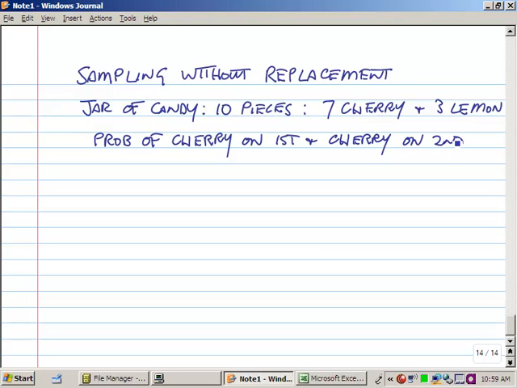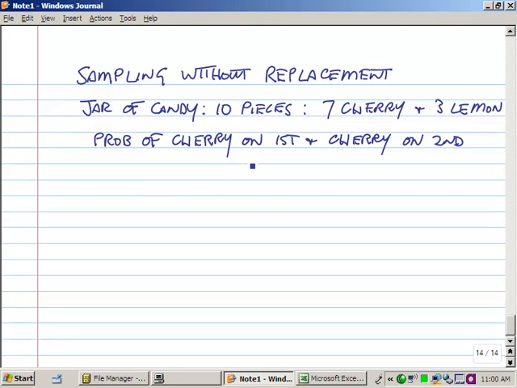Alright, the probabilities from the first to the second selection now change, because we've consumed the first piece of candy, which is cherry, before we select the second.